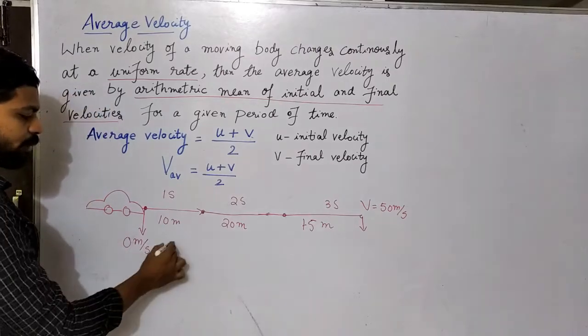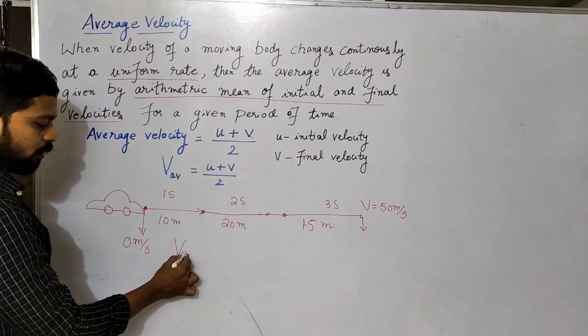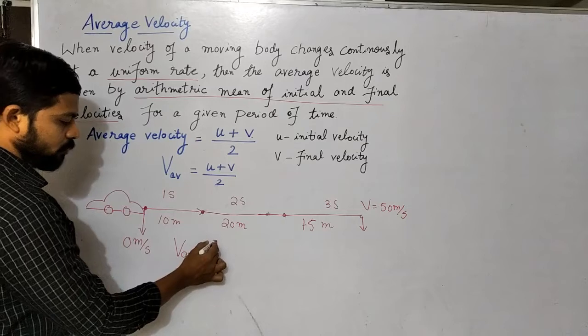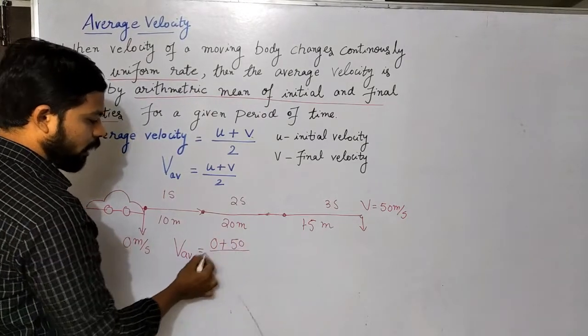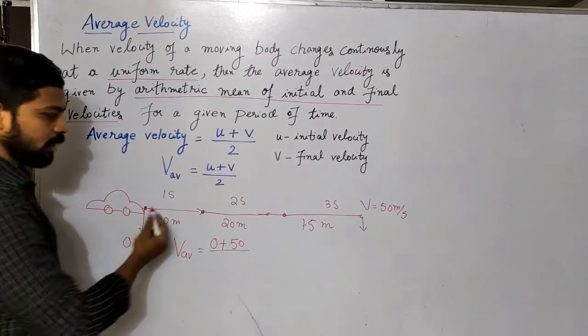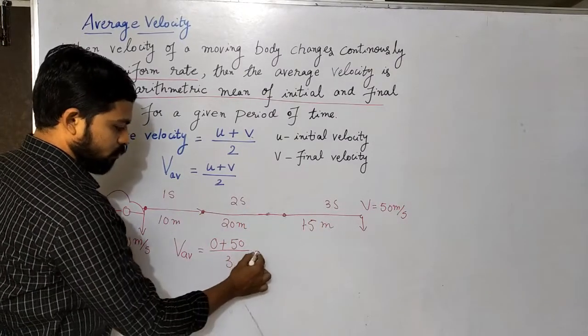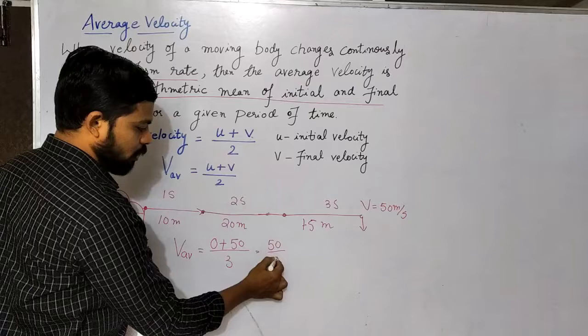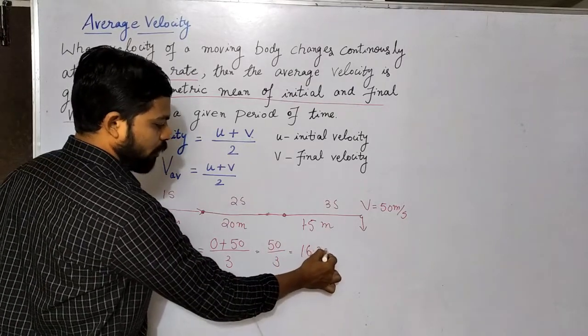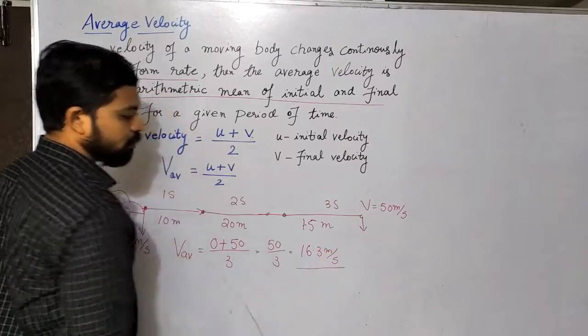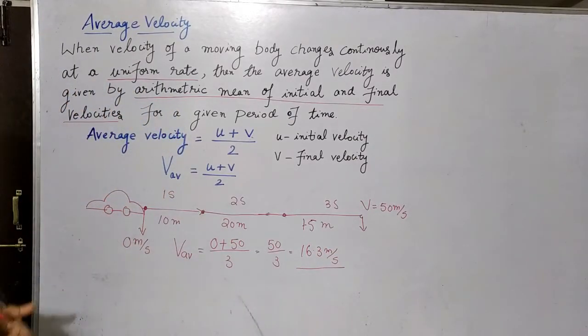Then what is the average speed of this car? It becomes 0 plus 50 by 3 seconds, so it becomes 50 by 3. It becomes 16.3 meter per second. So that becomes the average speed of this car.